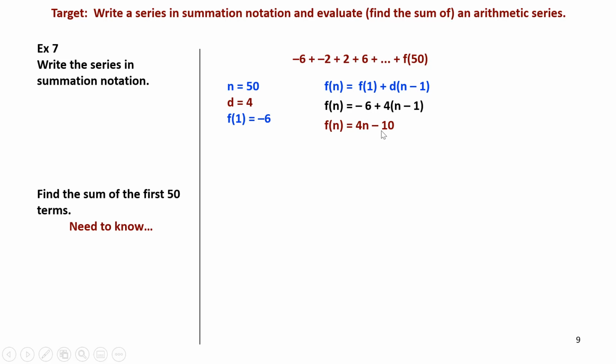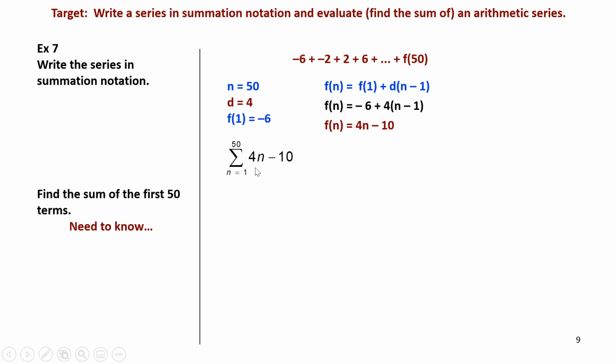Okay? Now, this formula will find me any term in the sequence. So if I said actually find me f sub 50, we could plug it in and do the math over here and find f sub 50. Okay? But this is the explicit formula that goes next to the sigma notation.